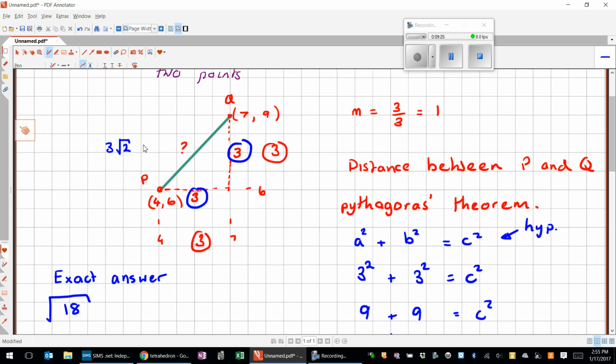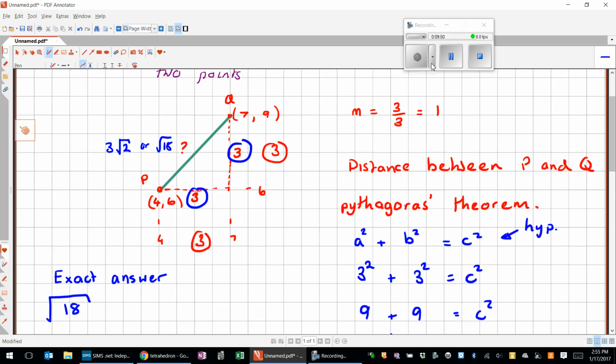And that would be the distance between those 2 points, just the length of the line. So you're using Pythagoras' theorem. How could they make it more difficult? Well, they could just give you the coordinates and not draw the line. Does that make sense?